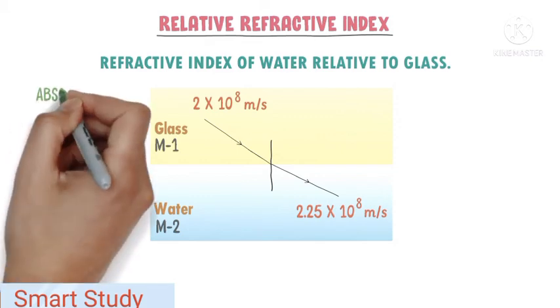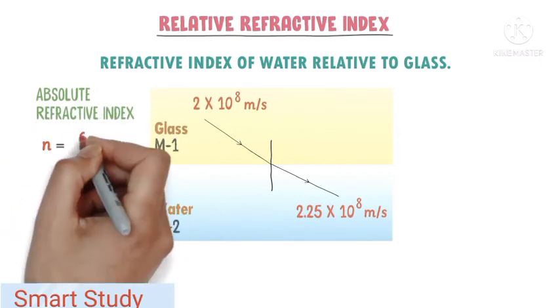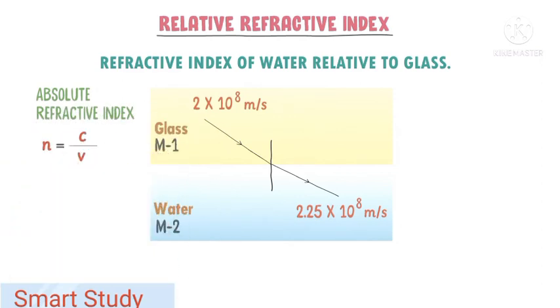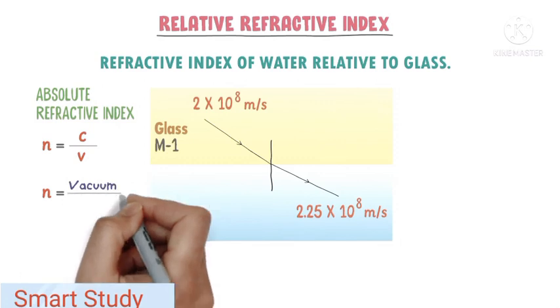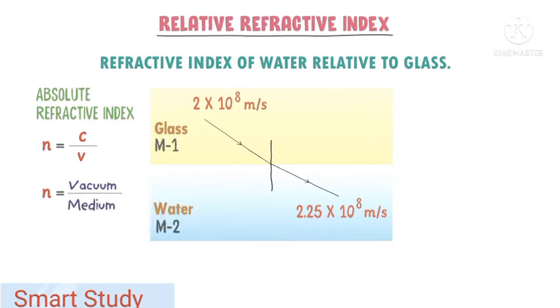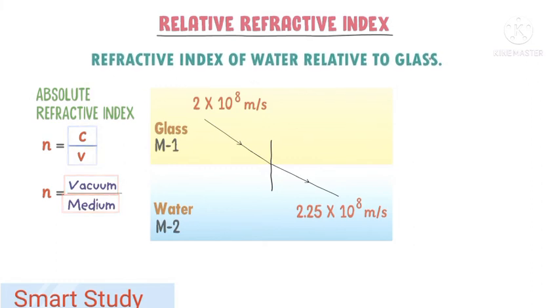We know that absolute refractive index n is equal to C upon V, where C is the speed of light in the vacuum and V is the speed of light in a medium like glass. So we always put the reference medium, like vacuum, in the numerator, while we put the medium, like glass, in the denominator, in which we find refractive index.